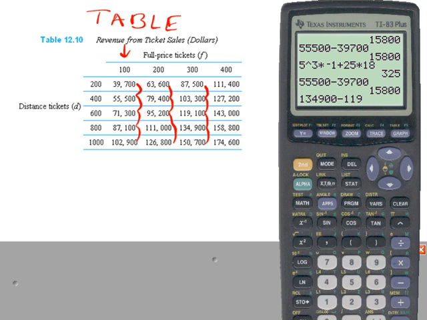What I expect to see is a constant change. And I do in fact see that, of 15,800.